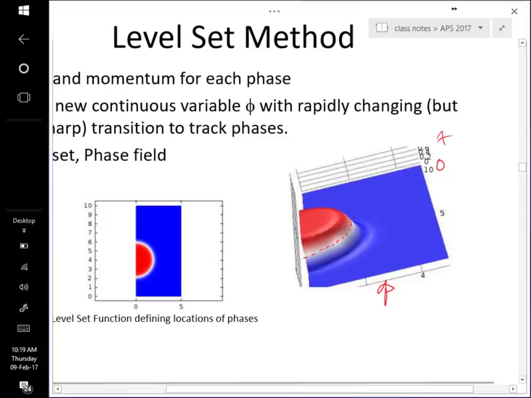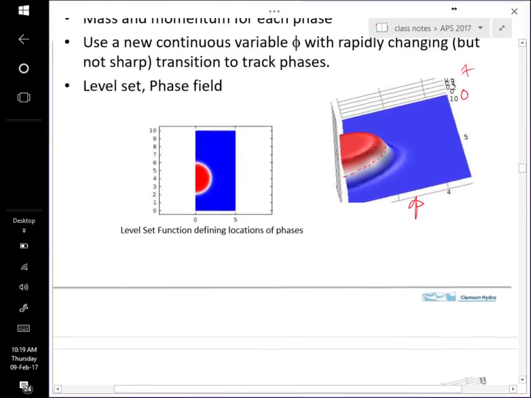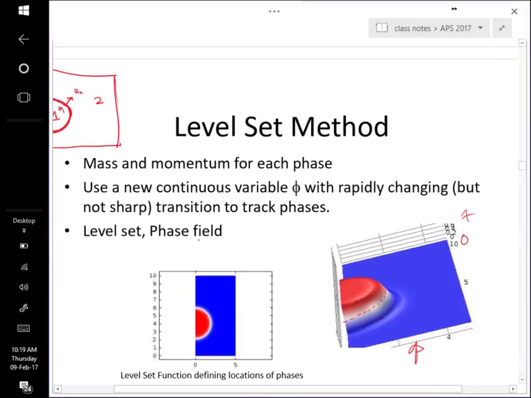So what we have to do is have phi move around, and phi's going to be able to move around in response to the fluid motion, and then it will feed back and tell the fluid flow problem where the different phases are.